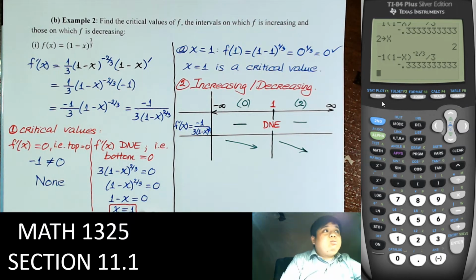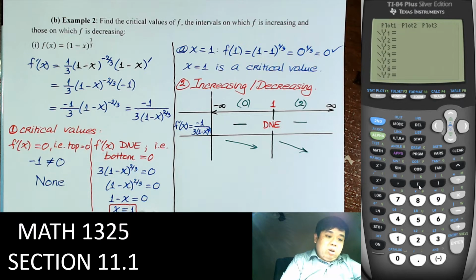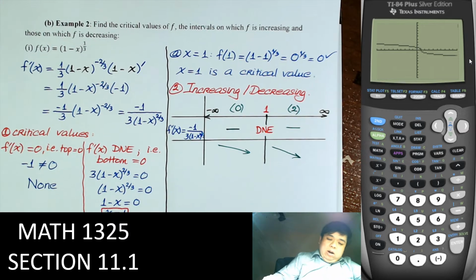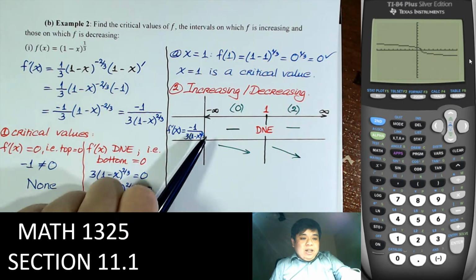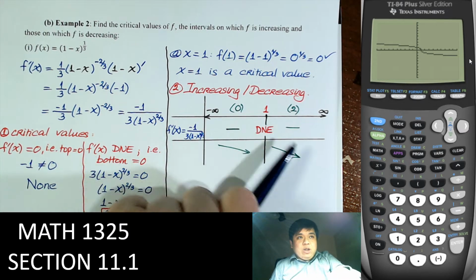And if you're curious, we can always graph it. See the function going down and then down. Notice that it is decreasing from negative infinity to 1 and then from 1 to infinity.